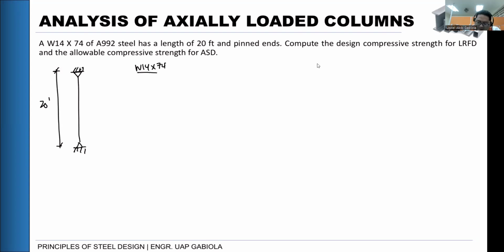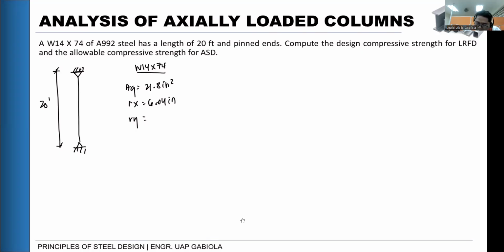Okay? And meron tayong W14x74. Okay? So, Ag. So, balik lang kayo sa W shape section natin. That is 21.8 inches squared. Rx niya is 6.04 inch. Ry niya is 2.48.